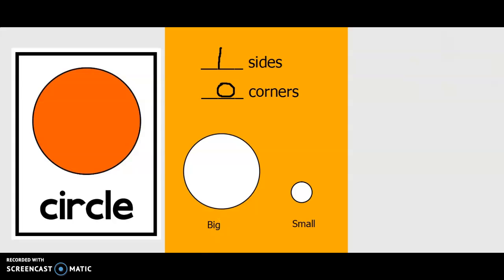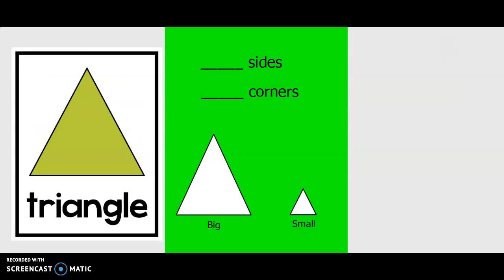Our next one that we're going to do is a triangle. Let's count the sides of our triangle. Ready? Count with me. 1, 2, 3. There are 3 sides on a triangle. Let's circle the corners. 1, 2, 3.